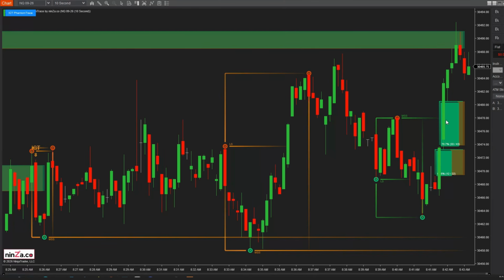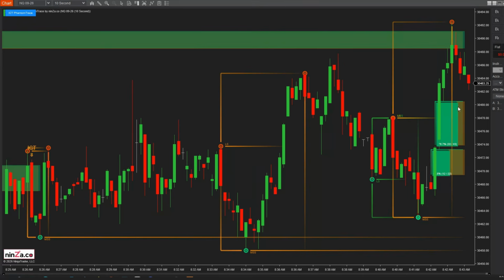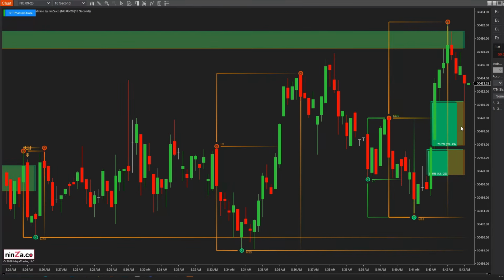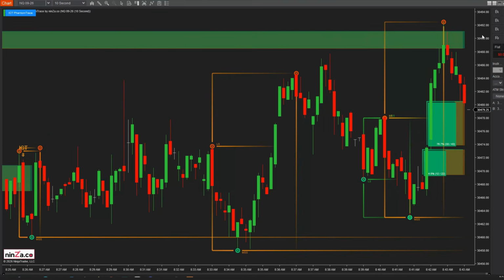Once you see those, you definitely don't want to take a short. Once you see these, that's a pretty good indication that probably we're going higher. So just a question of am I going to get any kind of a confirmation here? If they get into here, I'm just going to go long, targeting this.